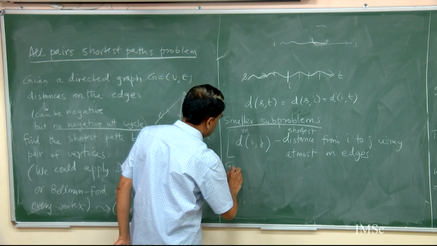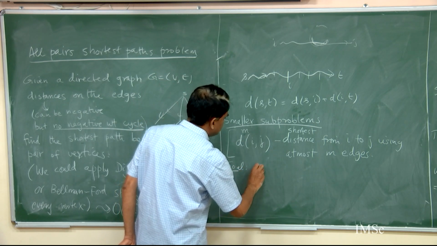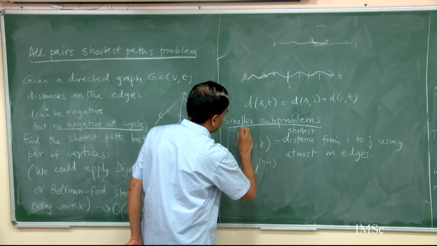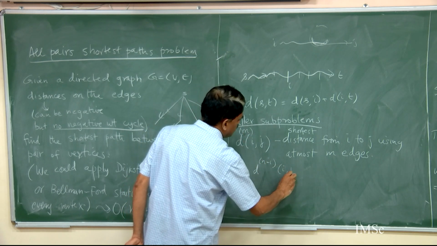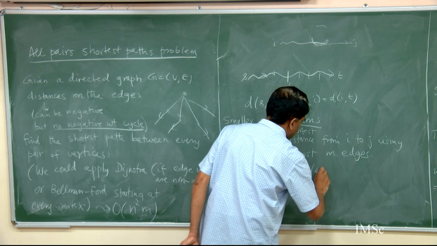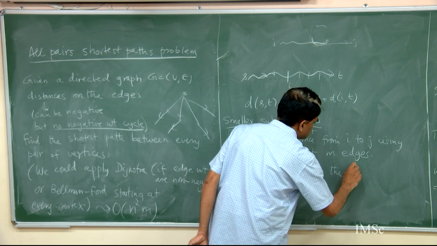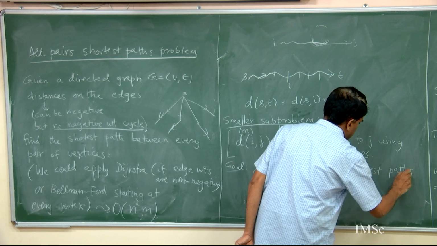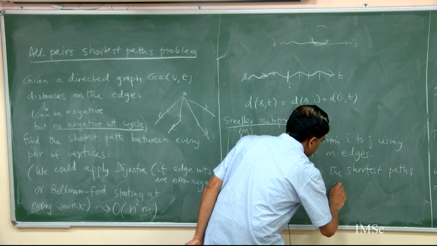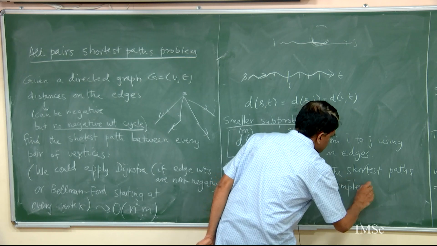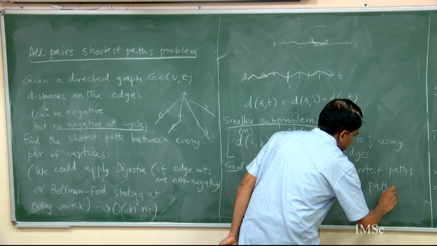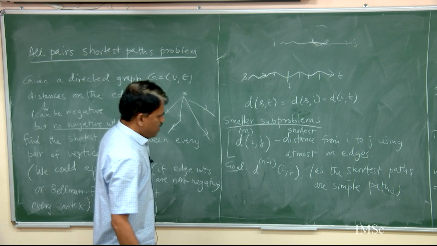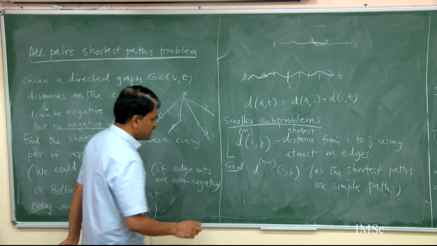So my goal is d n minus 1 ij, as the shortest paths are simple paths, no cycle. What is the base case?